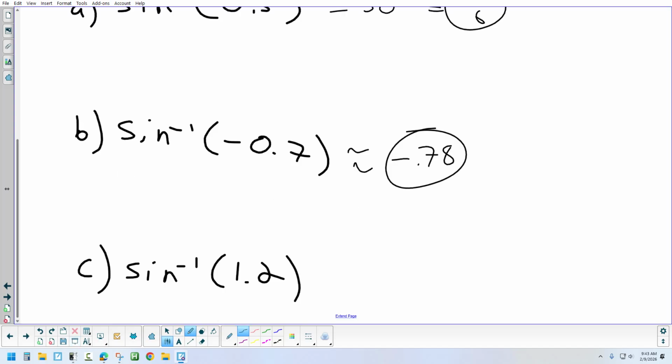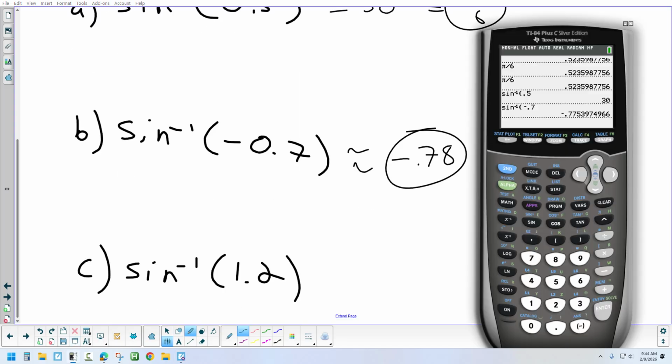Okay, and this one. What's going to happen when I do inverse sine of 1.2? Yep. Why? Pi over 2 is 1.57.